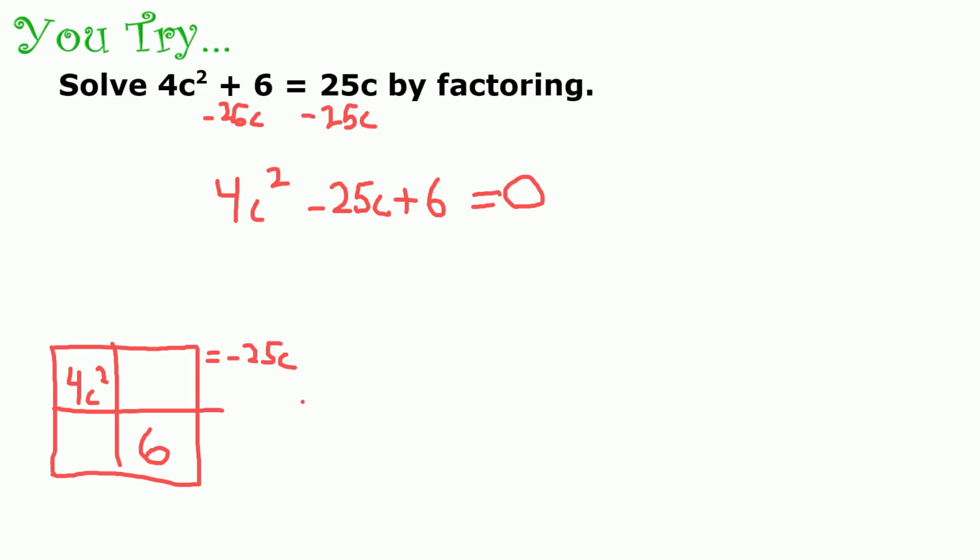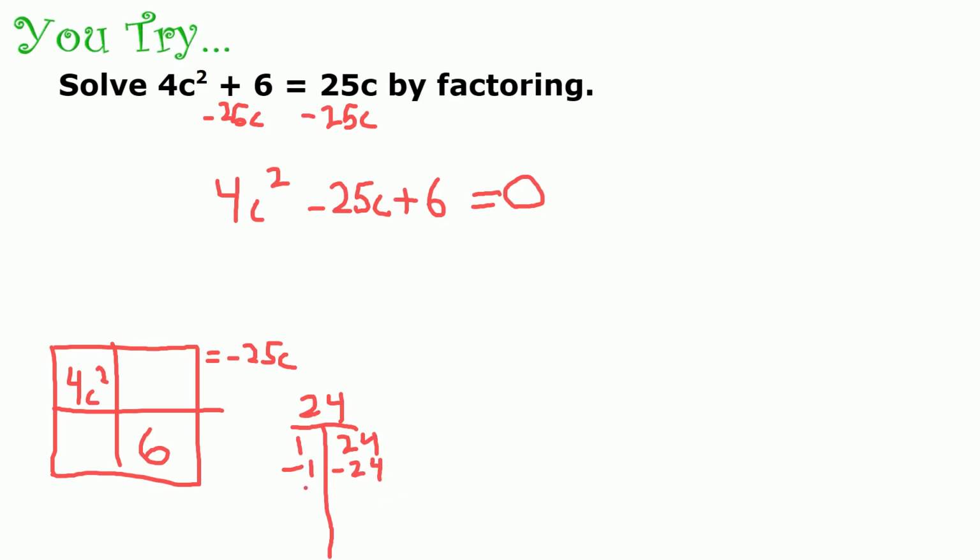4 times 6 is 24, and I'm going to look at the factors of 24. Now, there's something that's already jumping out to me. I'm not going to start with 1. I know I'm making negative 25c. So I actually am going to start with 1. Don't know what I was thinking there. I have 1 and 24, but I also have negative 1 and negative 24.